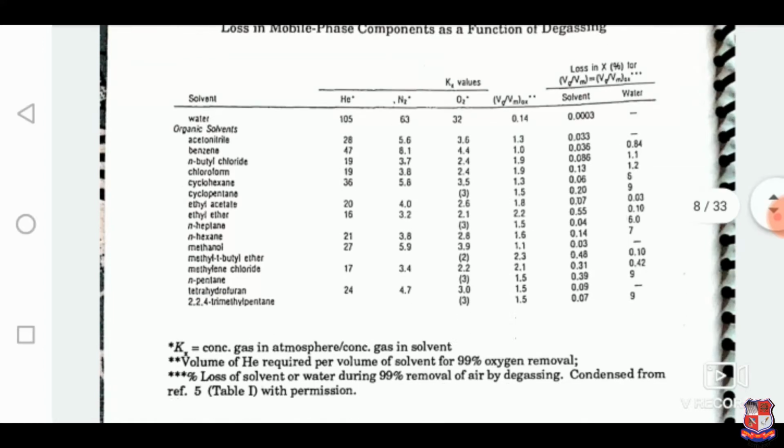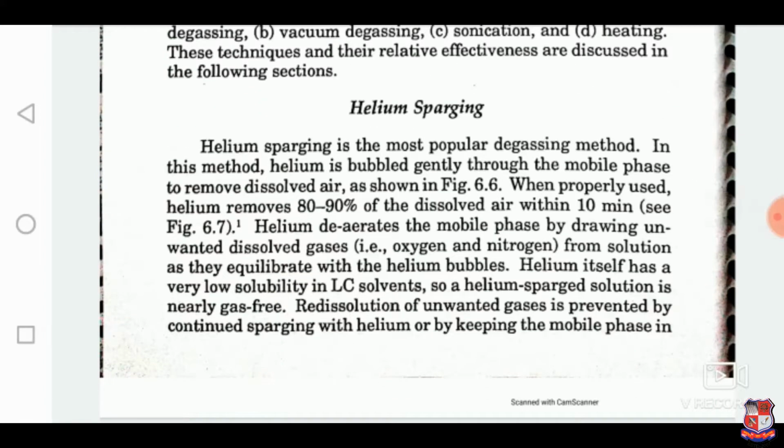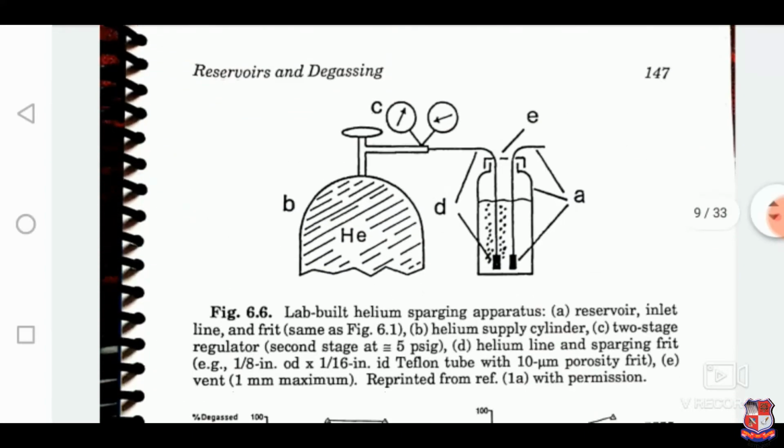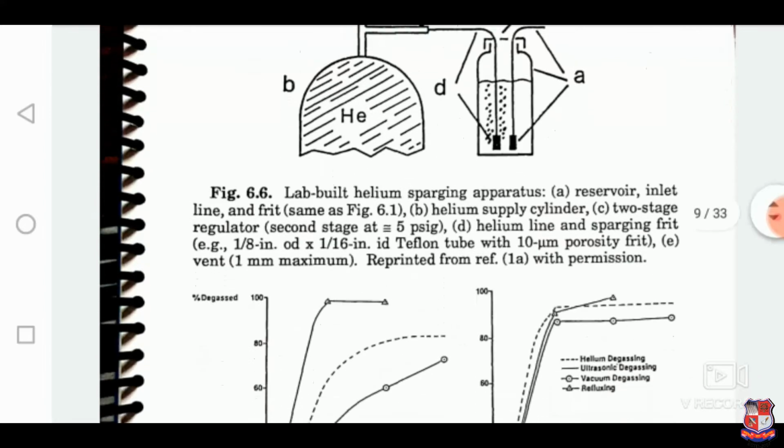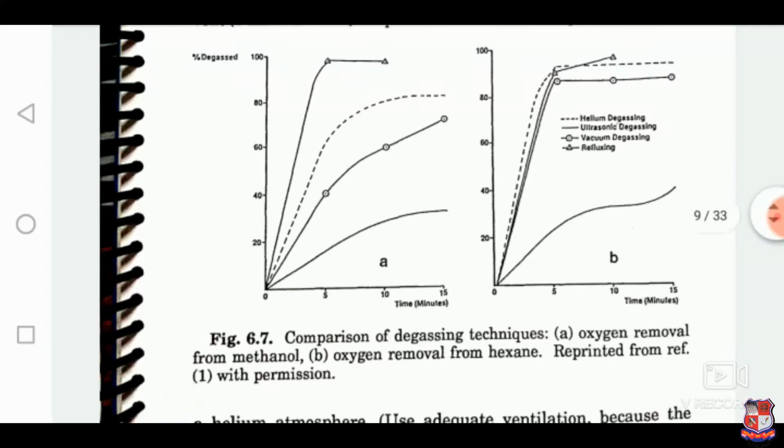Helium sparging is the most widely used and popular degassing method. In this method, helium is bubbled gently through the mobile phase to remove the dissolved air. Here is a lab-built helium sparging apparatus, and how it is employed. Another figure indicates the comparison of degassing techniques: oxygen removal from ethanol and oxygen removal from hexane.